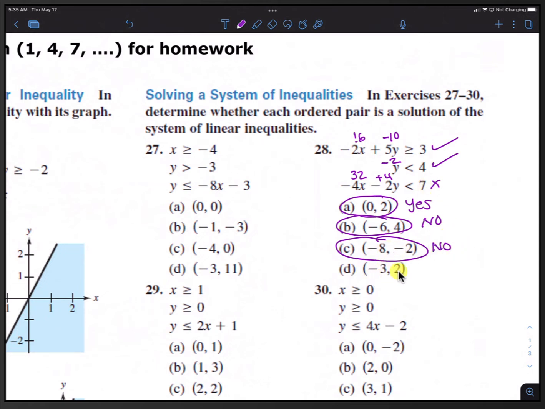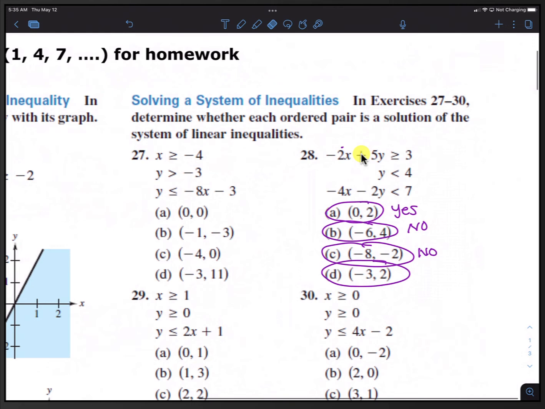Now we go to the fourth point. All right, so that means that we're plugging in negative 3 for x and 2 for y. So that's negative 2 times negative 3 is going to be positive 6. And 5 times 2 is 10. 6 plus 10 is going to be greater than or equal to 3. So it works for that one.